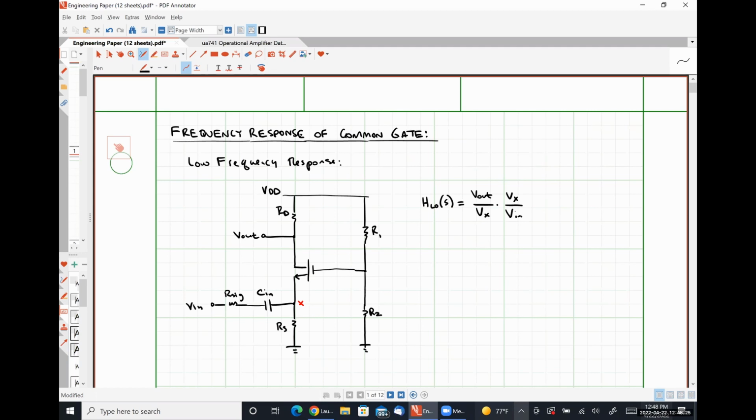And then we have a voltage divider here, right? So what do we see looking down? Obviously, RS. What do we see looking up? So if we're looking up at node X, we're looking into the source terminal.